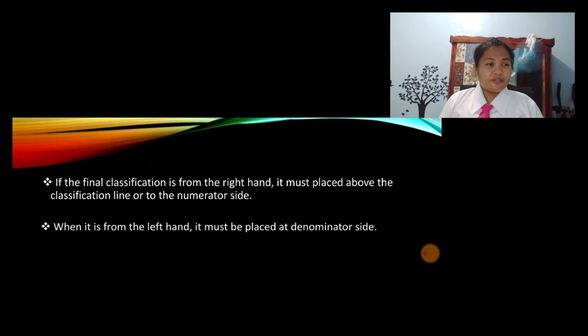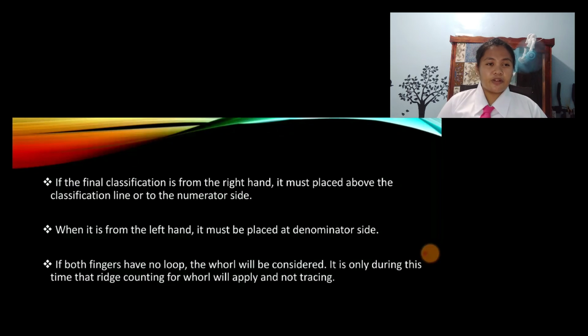If the final classification is from the right hand, it must be placed above the classification line, or on the numerator side, the upper side of the classification line. If it is from the left hand, it must be placed at the denominator side.